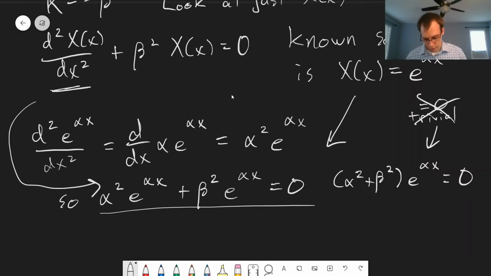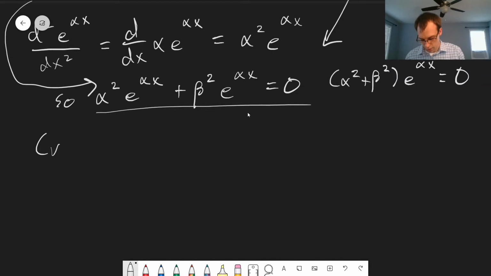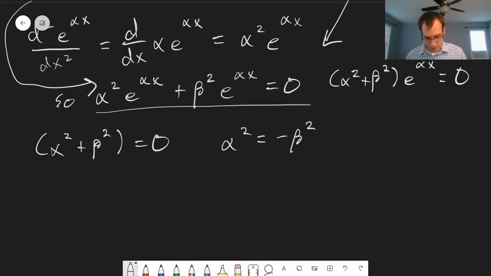That's boring. And so we have to say that for the constants alpha and beta, alpha squared plus beta squared is equal to 0. And that gives us that alpha squared is equal to negative beta squared.